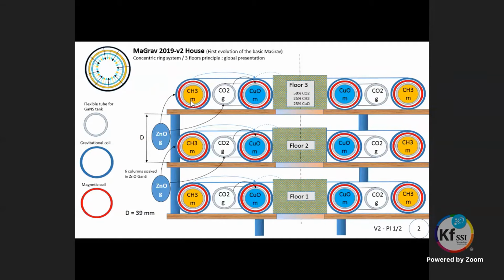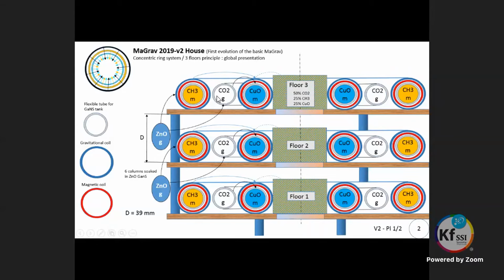And Mr. Keshe told us that it was not very good to soak the coils in the GANs. So I put the GANs in small tubes in the coils, more in between the coils.